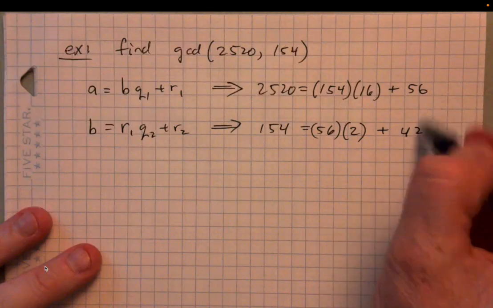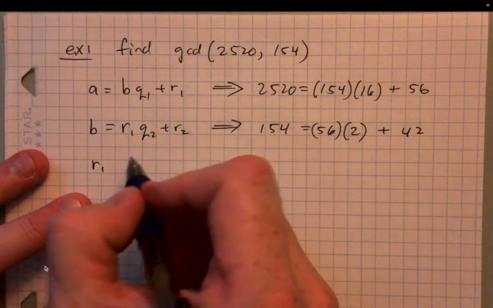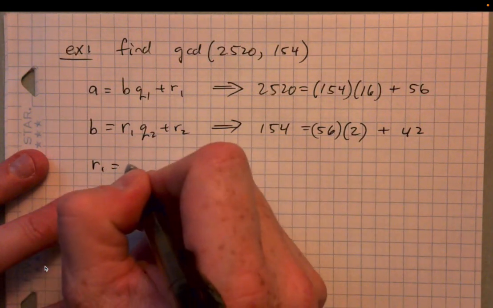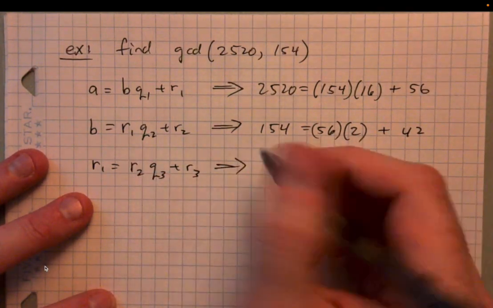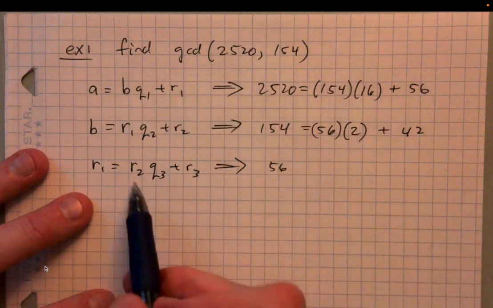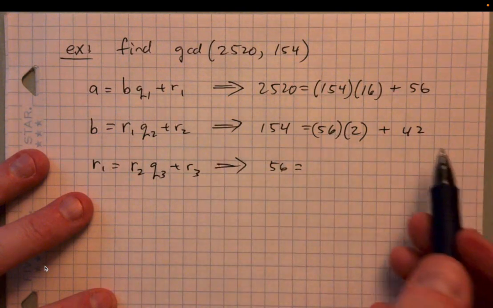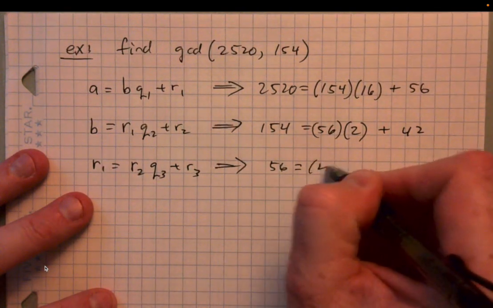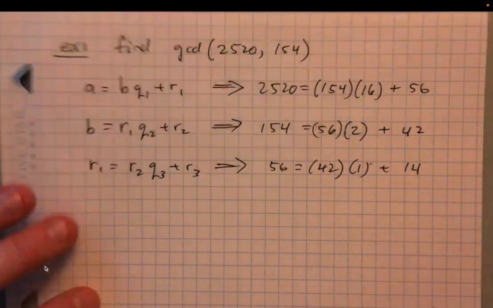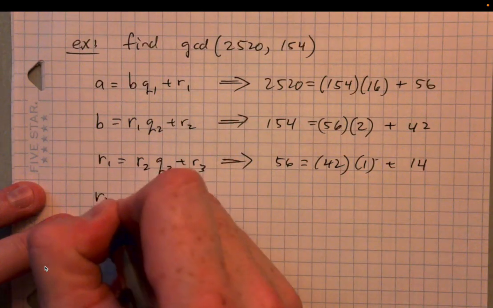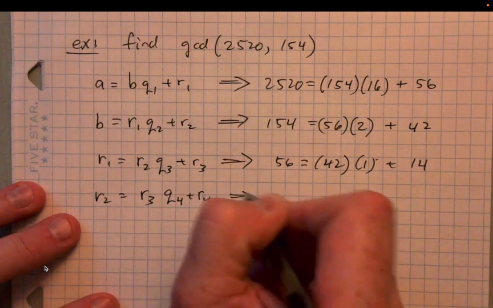Okay, so you can see the remainders are dropping off, as they should. So then the next iteration would be R1 equals R2 times some Q3 plus R3. All right, so here we would have 56, the previous divisor, is equal to, we divide that by the previous remainder, which is 42. 42 goes into 56 one time, and the remainder is 14. Okay, and then we would have R2 equals R3 Q4 plus R4.